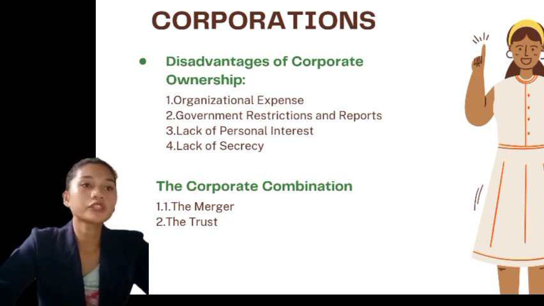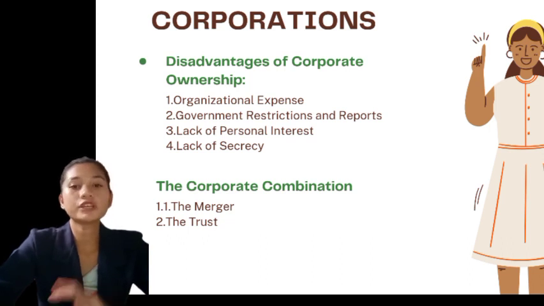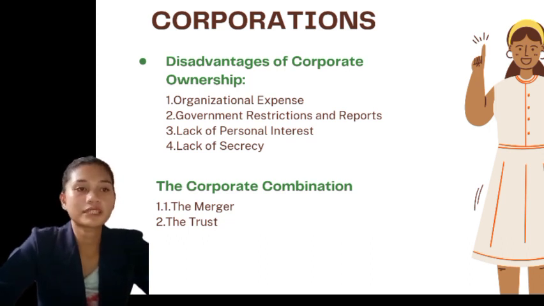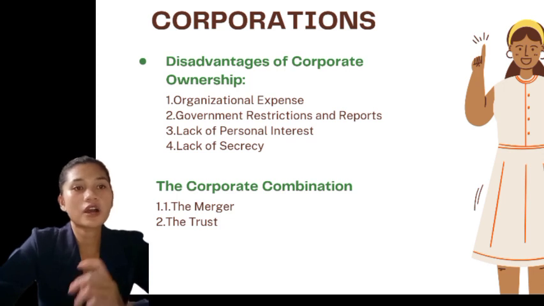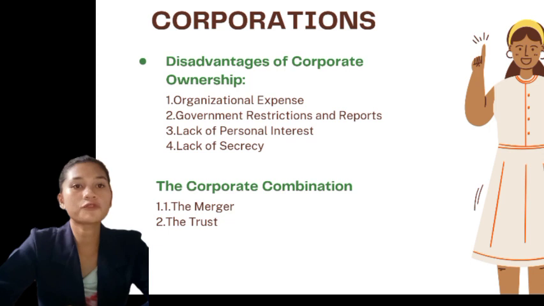So there are two types of corporate combination. First is the merger. The merger is a union affected by the absorption of one or more existing corporations by another that survives and continues the combined business.